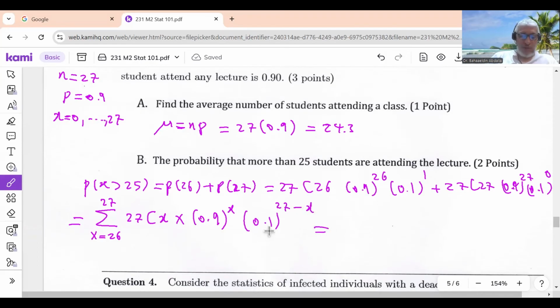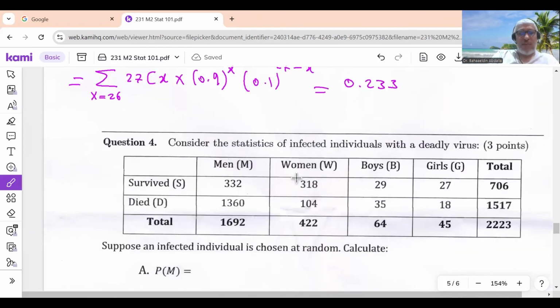Either use this one or this one, and you will find that the answer is 0.233. So that's the answer. That's the probability that more than 25 students attend the lecture.